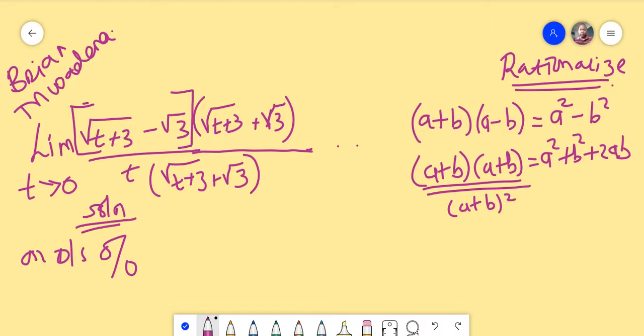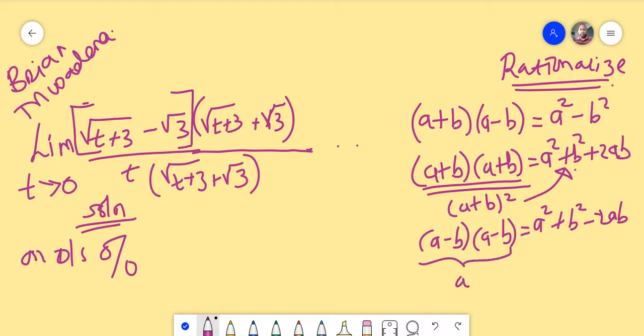Same thing for a minus b: it yields a squared plus b squared, but in this case minus 2ab, and it can be written as (a minus b) squared.